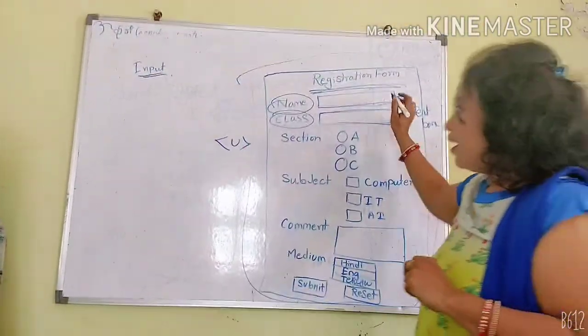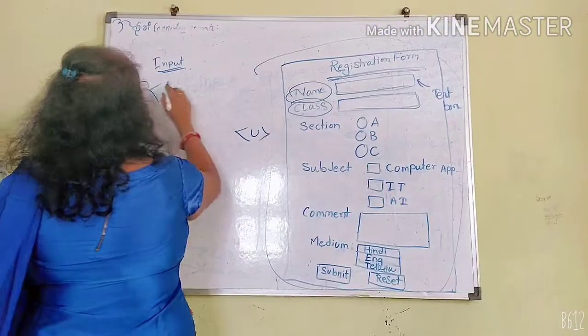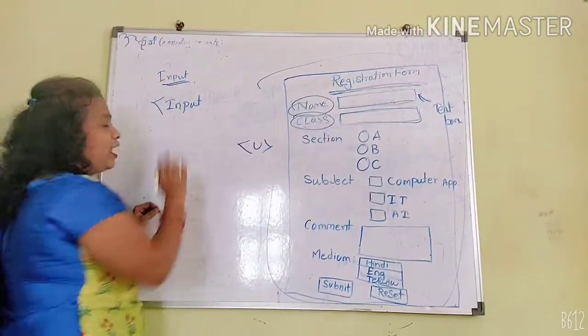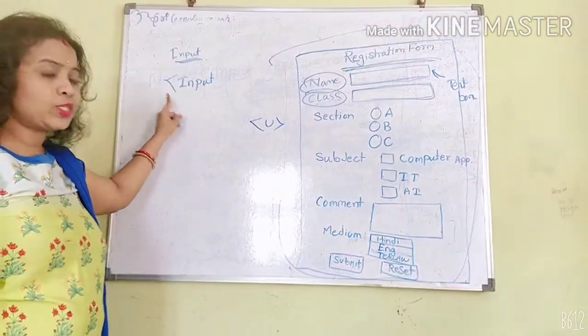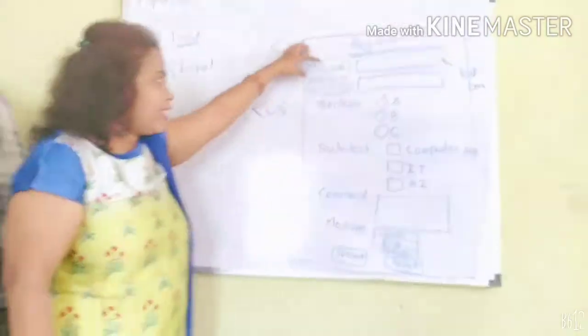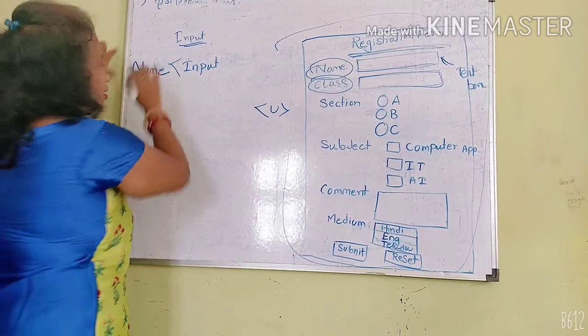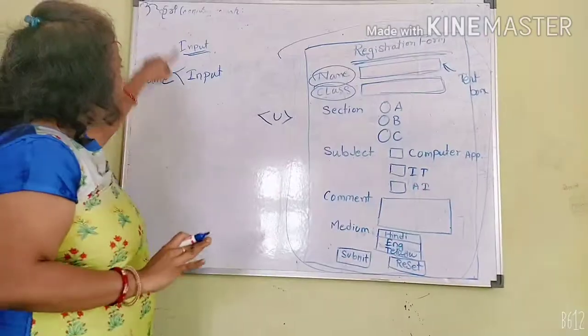Whenever we are using the box, we first have to write input, which is a tag I already explained in the last video. Here I have written the name.